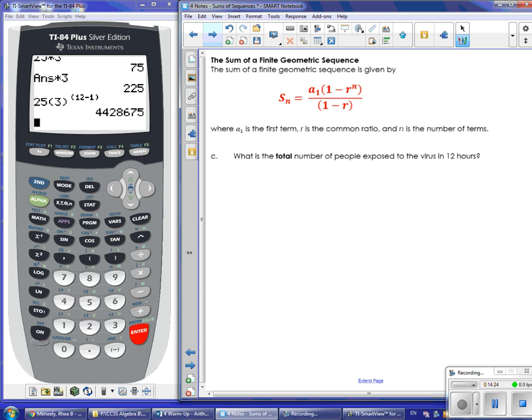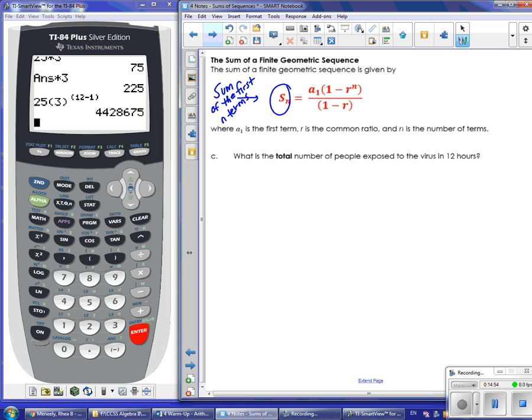And so you'll notice that I'm using the capital letter S to represent the sum. So that's a new terminology. We learned about the A and the subscripts. So when you see the S sub n, that's referring to the sum of the first n terms. And then the problem will tell us what n is.